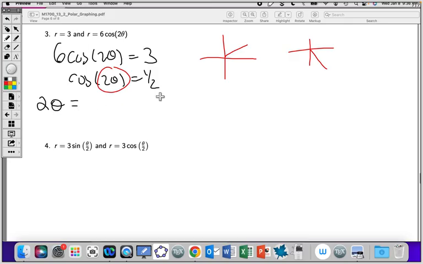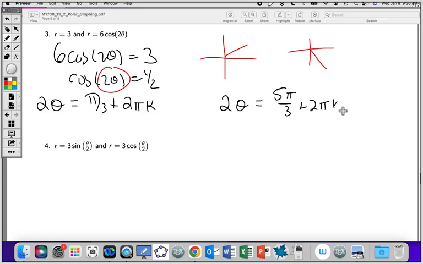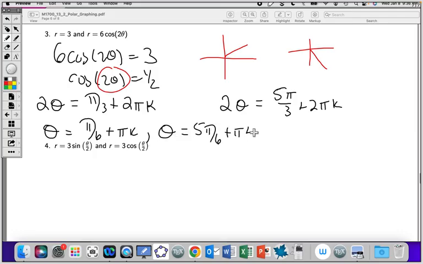So 2 theta could be pi over 3 plus any multiple of 2 pi, or 2 theta could be 5 pi over 3 plus any multiple of 2 pi. So theta then would be, I'd take half of all this, pi over 6 plus pi k, or 5 pi over 6 plus pi k, where k once again is an integer.